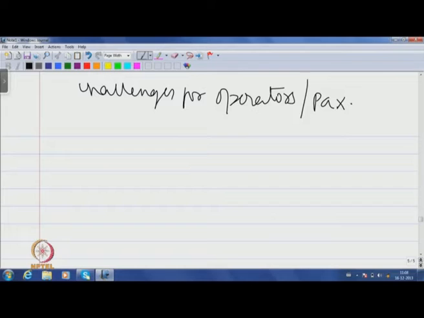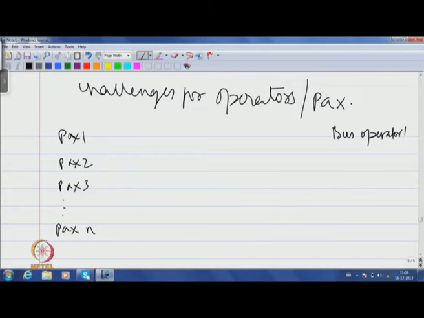So, let us say we had passenger 1, passenger 2, passenger 3, all of them. And then you had bus operator 1, bus operator 2, bus operator 3 and so on, as many bus operators as there are in this industry.